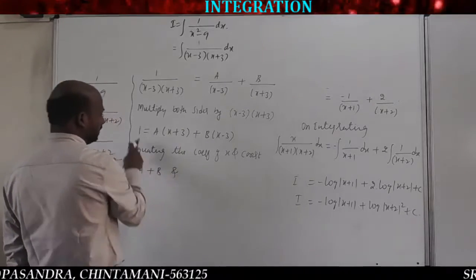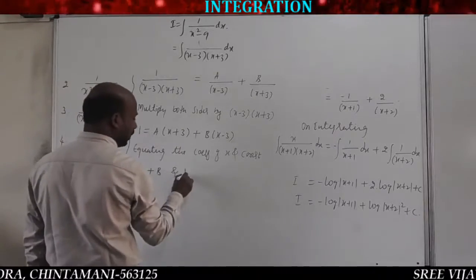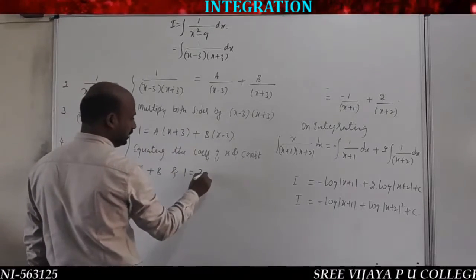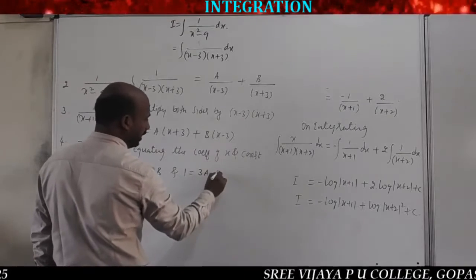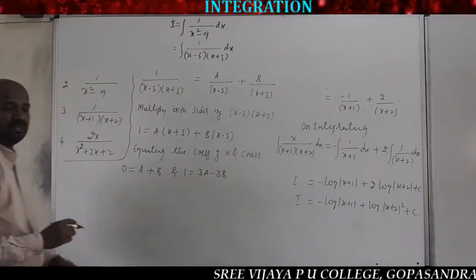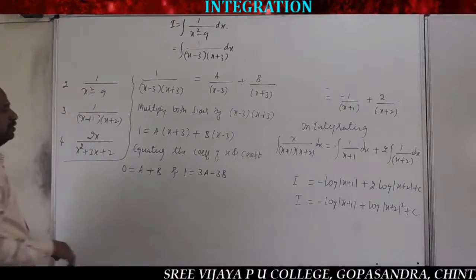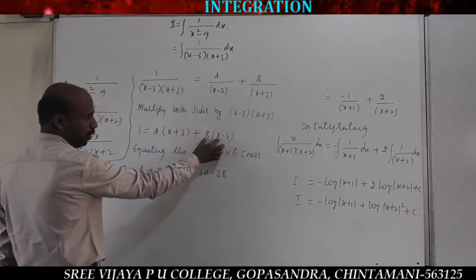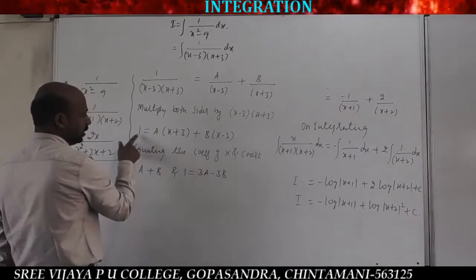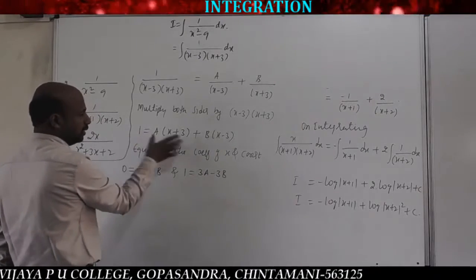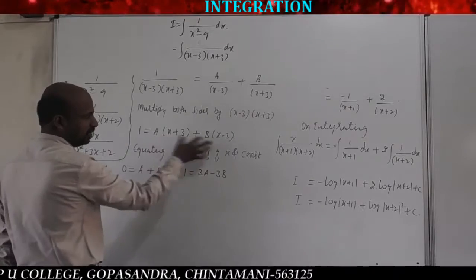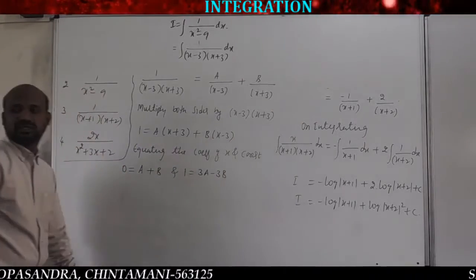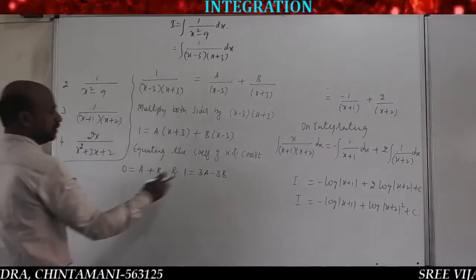And the constant term: in the LHS the constant is 1, in the RHS the constant is 3 times a minus 3 times b. So by solving these two equations, 3a minus 3b.